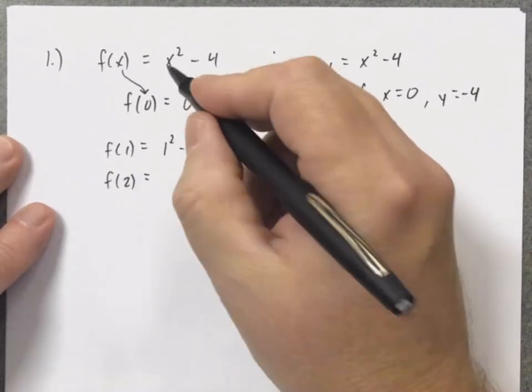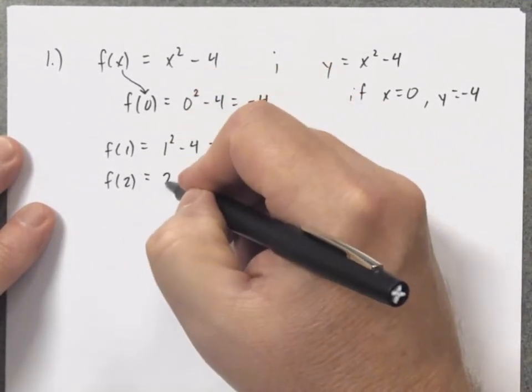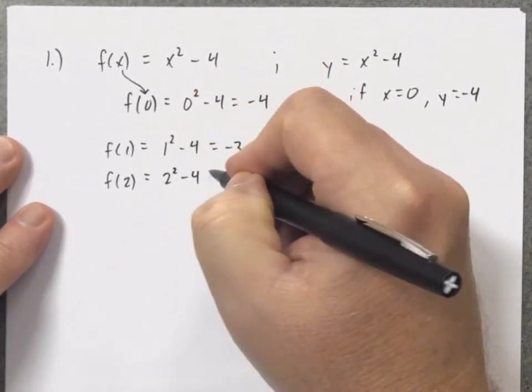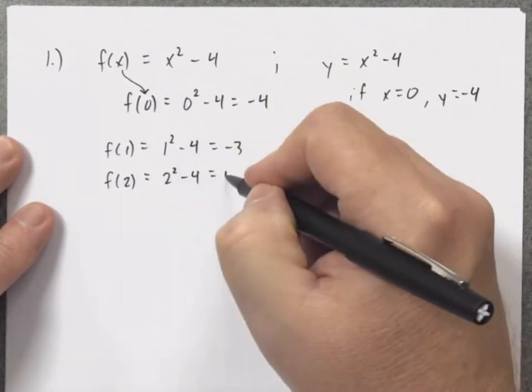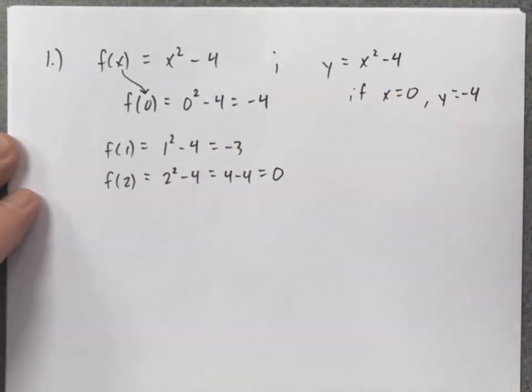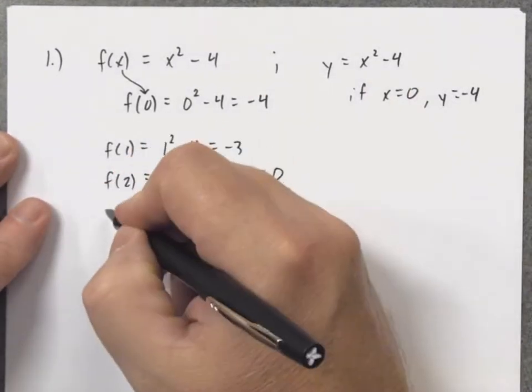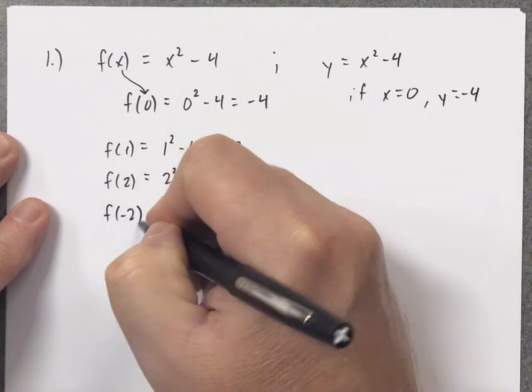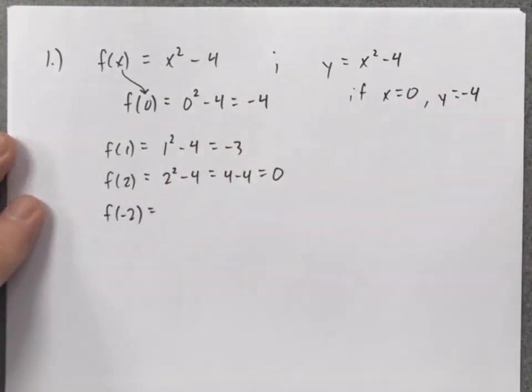Every place I have an x, replace it with 2. So 2 squared minus 4. Looks like 4 minus 4, so f of 2 is 0. All right, hopefully you're seeing these are not really very difficult once you understand what to do.